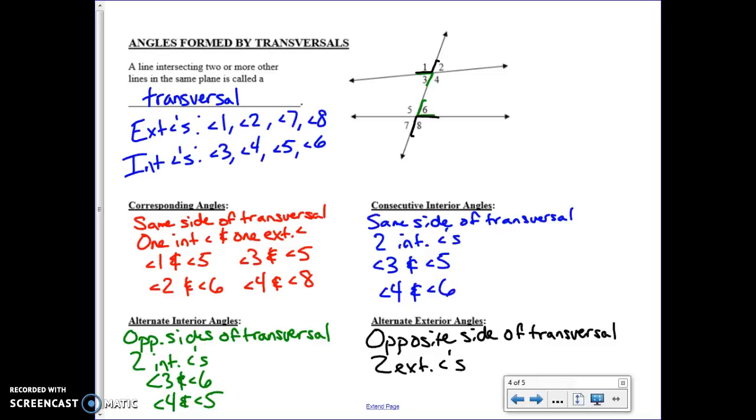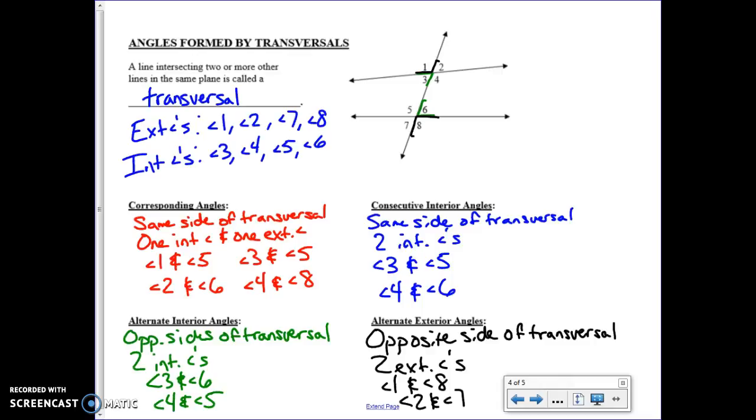I have angle 8. So angle 1 and angle 8. Angle 2 would pair up then with angle 7. Now be careful because angle 1 and angle 2 do not fall under alternate exterior angles. We know those are a linear pair. That's another kind of angle pair. So those are not alternate exterior.